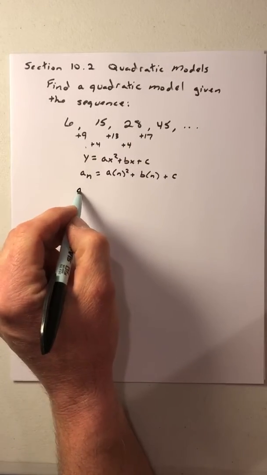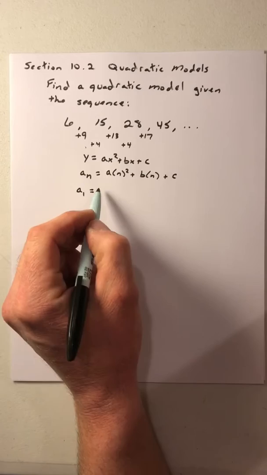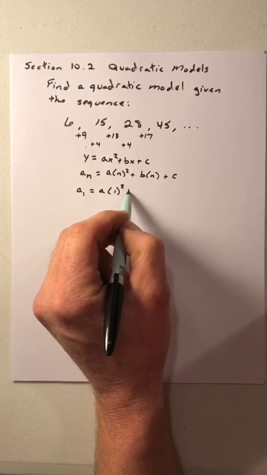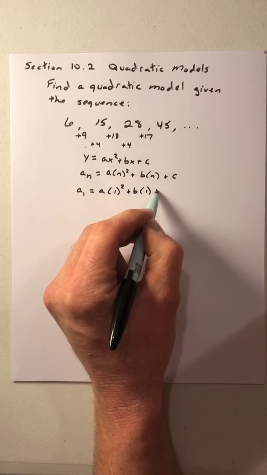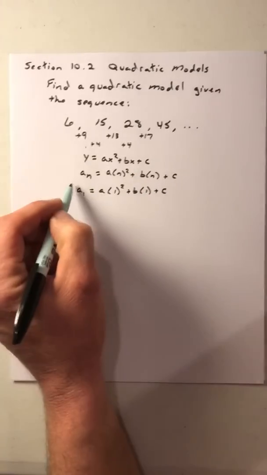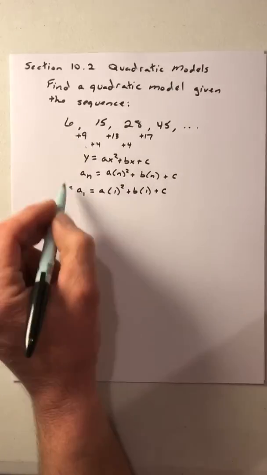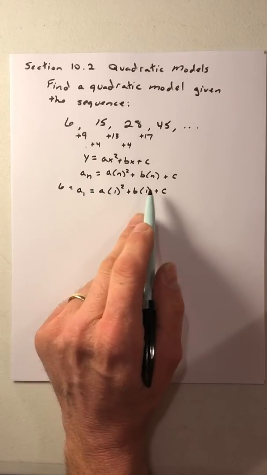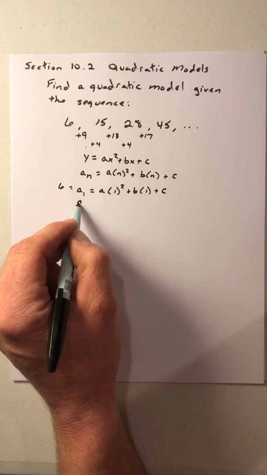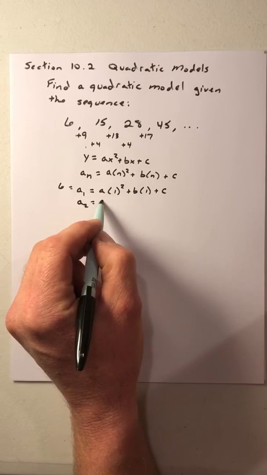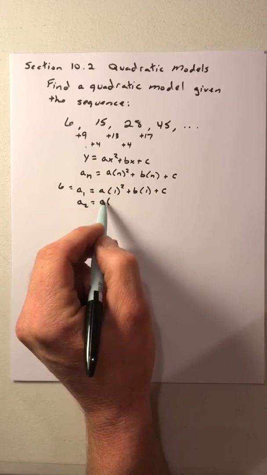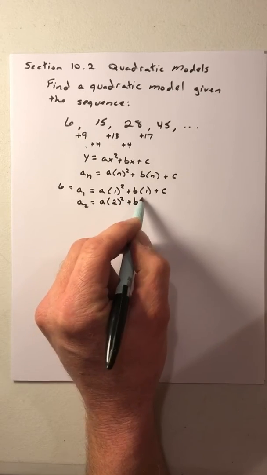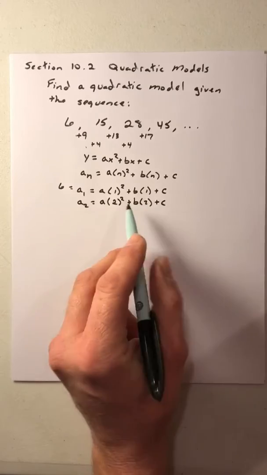So what do we know about this sequence up here? We know the first term, a sub 1, is given by a times 1 squared plus b times 1 plus c. We also know that a sub 1 is equal to 6, so 6 has to equal a plus b plus c. The second term is found by taking a times 2 squared plus b times 2 plus c.